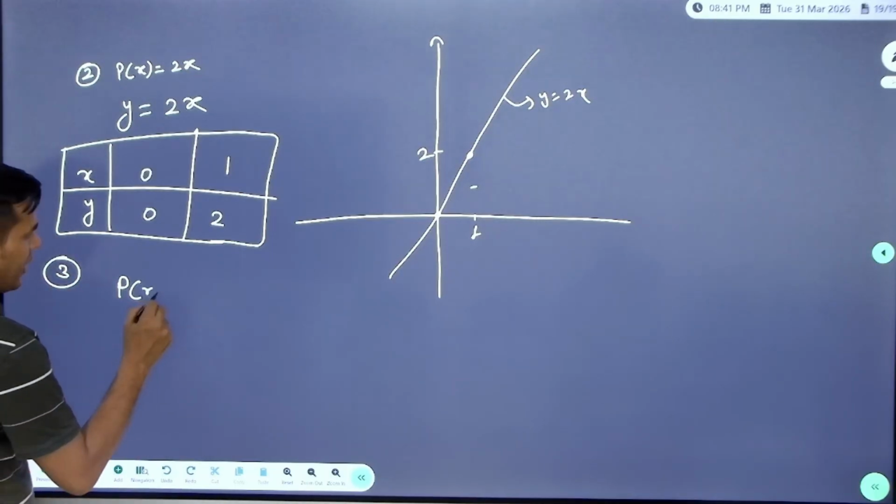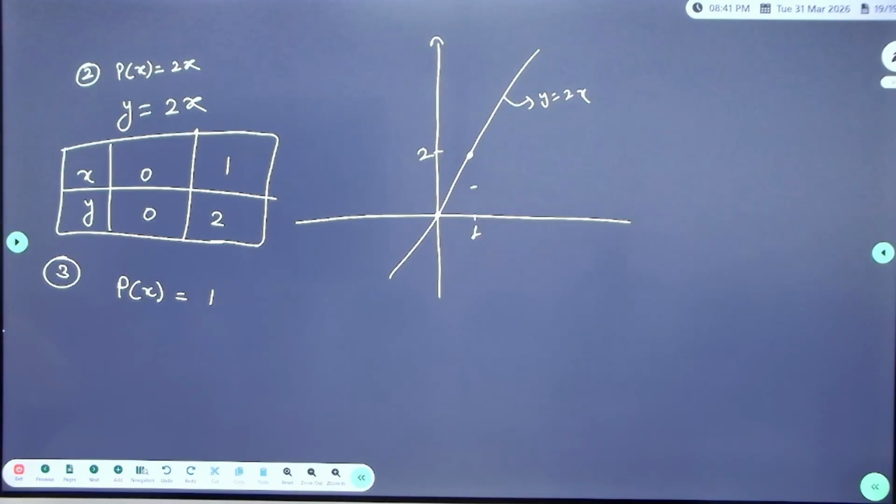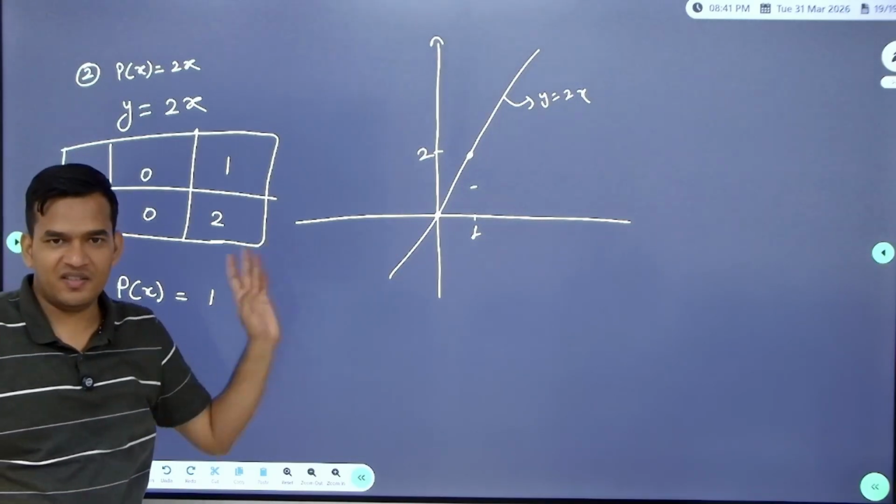Px is equal to 1. Let's say this. Can we make the graph of this? Is it possible to make the graph of this? So, tell me how many zeros are there in here?